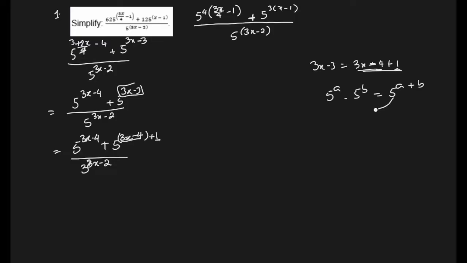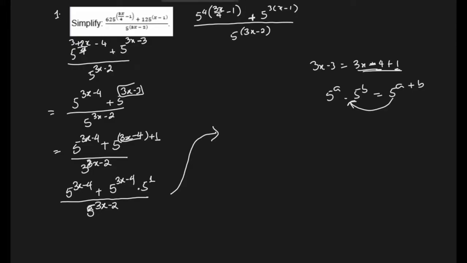That means I can go reverse and write this one as, let me write the first 3x minus 4, and here I can write 5 to the power 3x minus 4 multiplied by 5 to the power 1. Yeah, I did the opposite of what this law says. Divided by 5 to the power 3x minus 2. And now let's finish it here.